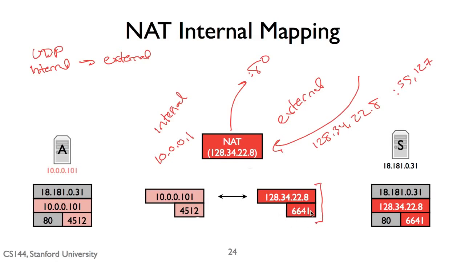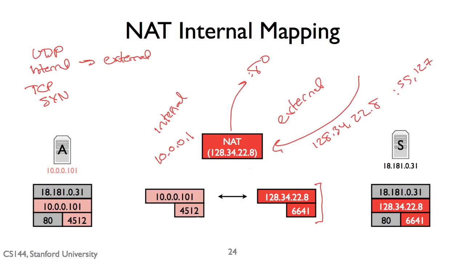Of course, the NAT needs to be careful about these allocations so that it's not reusing them. TCP, well, if you see a TCP SYN, then you know to set up a mapping, or you could even be a little more liberal and say, look, if we see any TCP packets coming from inside, then we assume there should be a mapping and just set up the mapping.